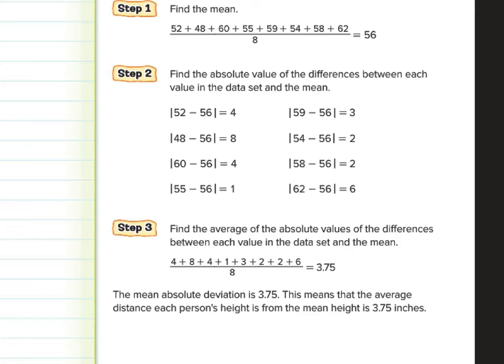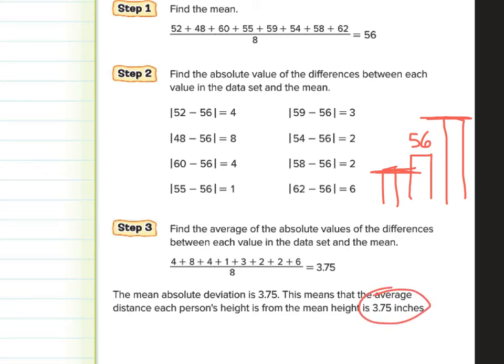If the middle person is 56 inches tall and they stand here at 56, we can have a person taller or a person that's shorter, and on average, the shorter person and the taller person will be 3.75 inches apart from the middle person.